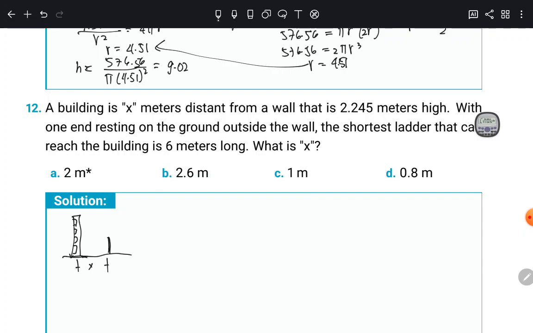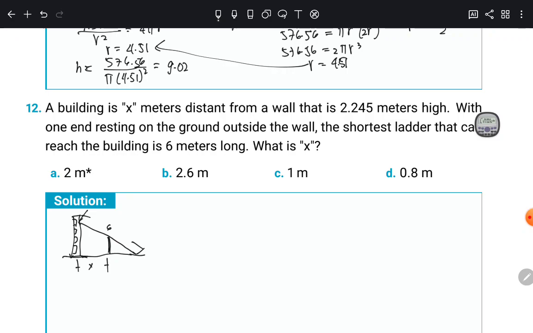Then we have a ladder that is resting outside the wall. And if this is our ladder, one end of the ladder is resting outside the wall and the other is on the building. And the ladder is 6 meters long, from here to here.